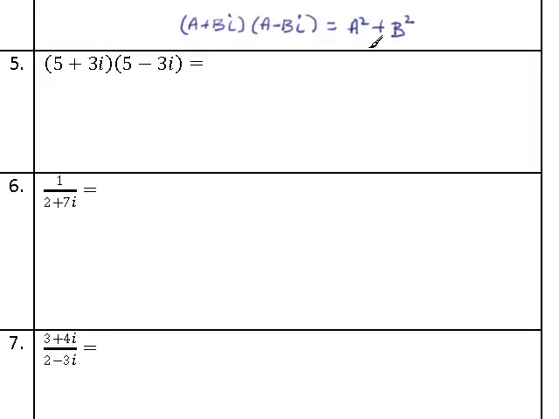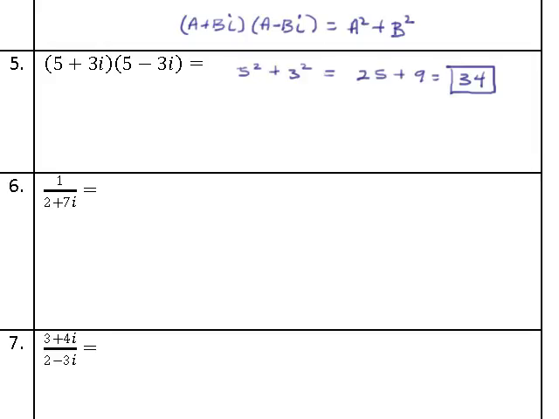All right, so we're going to use this formula in number 5. Our a is 5 and our b is 3. So here we just have 5 squared plus 3 squared, or 25 plus 9, which is 34. When we multiply conjugates, we always end up with a real number, something without i.